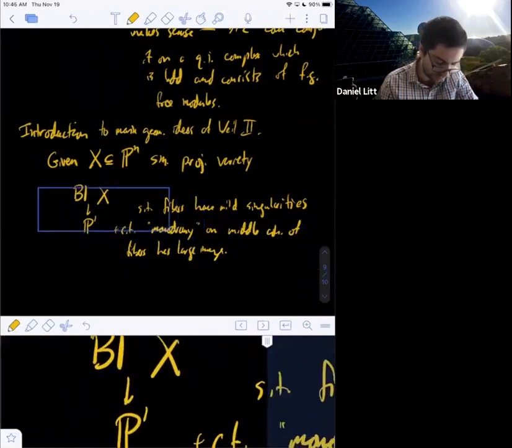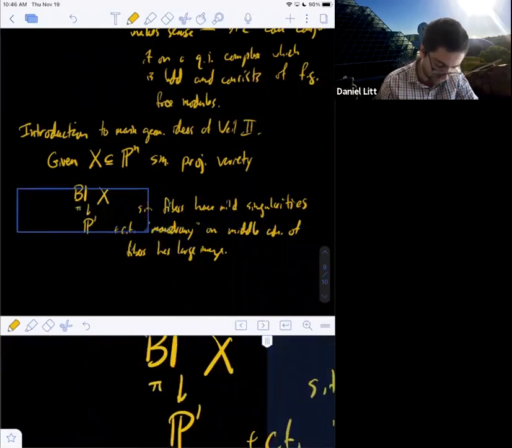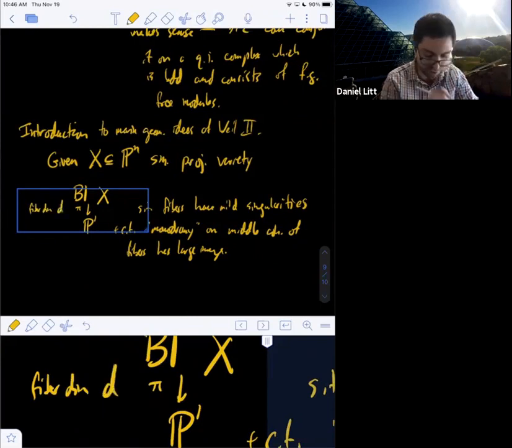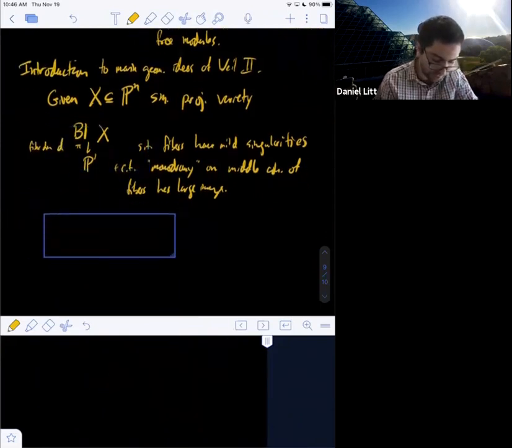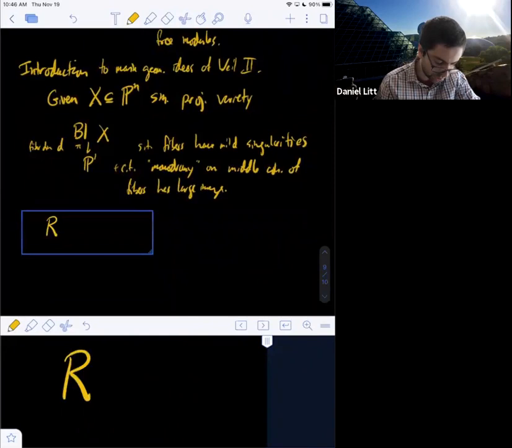So let's suppose this map is pi, and it has fiber dimension, the dimension of X minus 1, so fiber dimension d, say. What we'll try to understand is R^d pi lower star of QL.